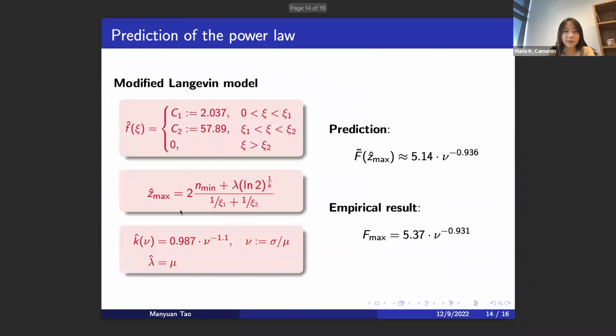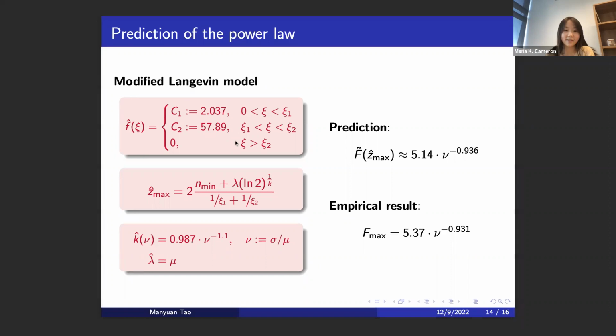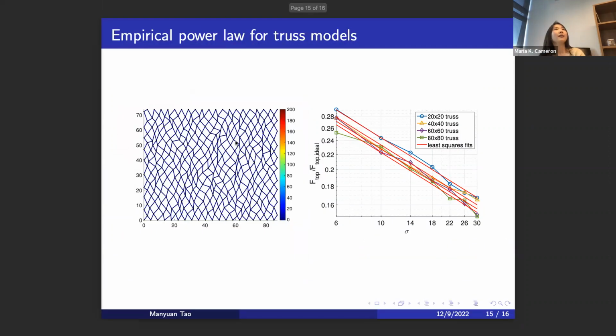Using these 3 approximations, we predict the power law as follows. We can see that it's a very close approximation to the empirical result for the modified Langevin model. Besides, for the truss models, we also obtained an empirical power law.